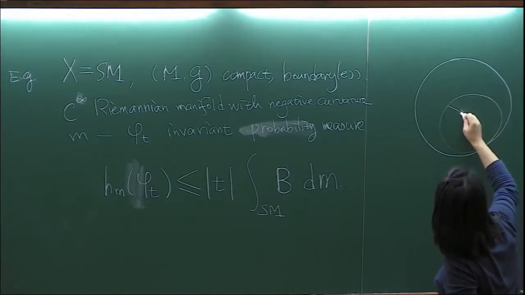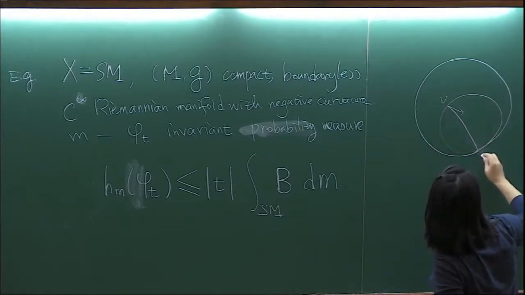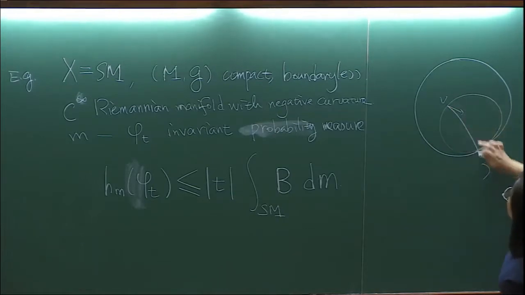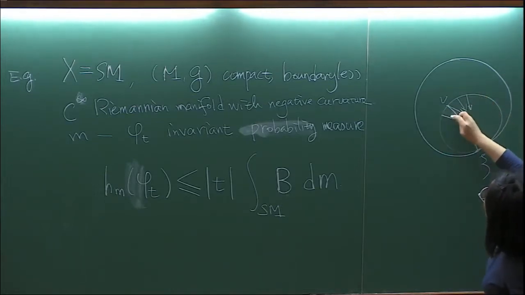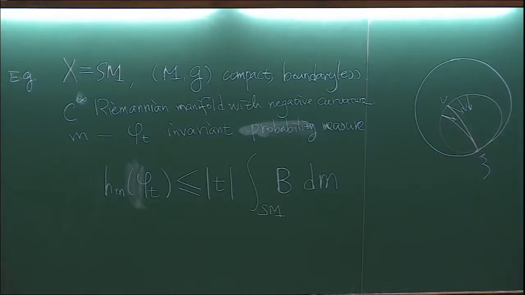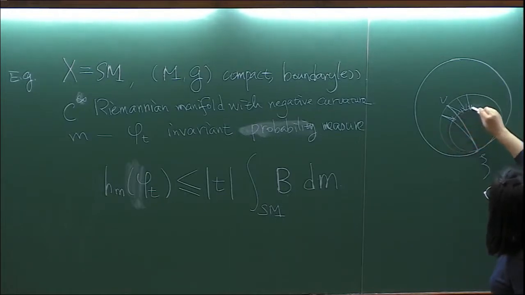You draw the picture: you have V, it goes to T. For this point, the stable or strong stable manifold is the collection of these vectors. So what is the action? The flow, geodesic flow, is just moving along the geodesics.